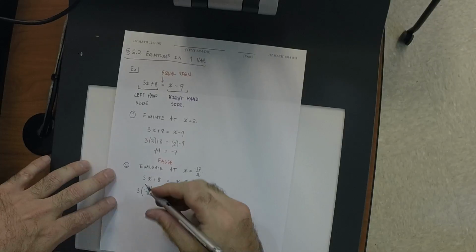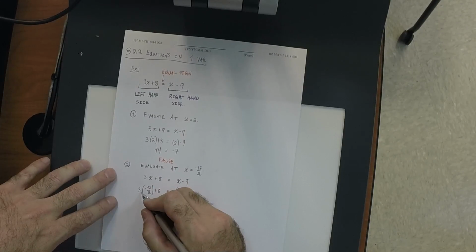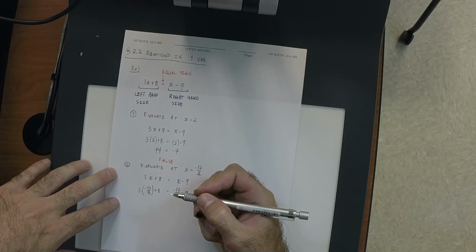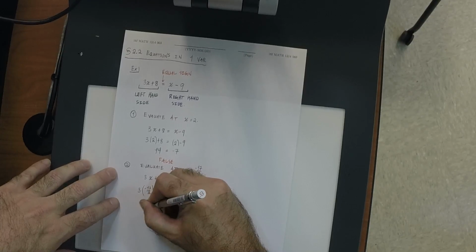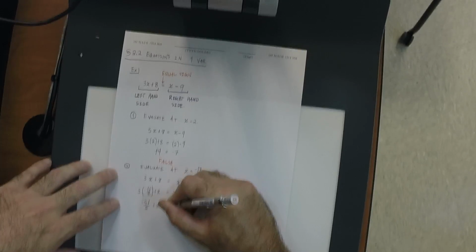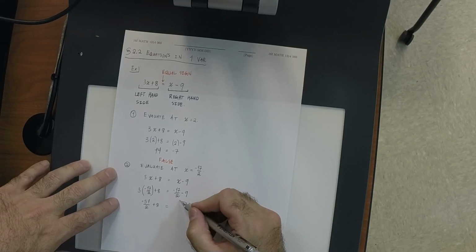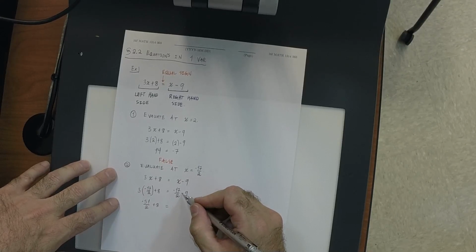Okay. Well, the left-hand side, that would be 3 times negative 17. That's negative 51. So negative 51 over 2, and then plus 8. The right-hand side, okay, I want to add these things together.